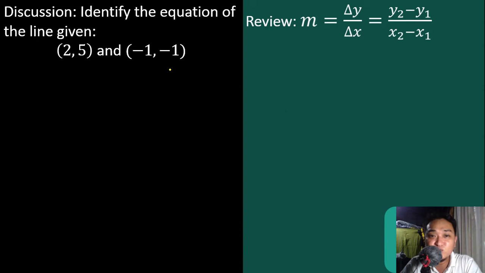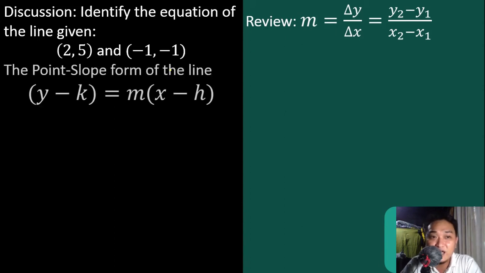Again, paalala lang po sa mga estudyante po natin about this point slope form of the line. Our point slope form of the line is denoted by the quantity y minus k is equivalent to the slope, which is m, times the quantity x minus h. Wherein, yung m natin, siya yung pinaka-slope.